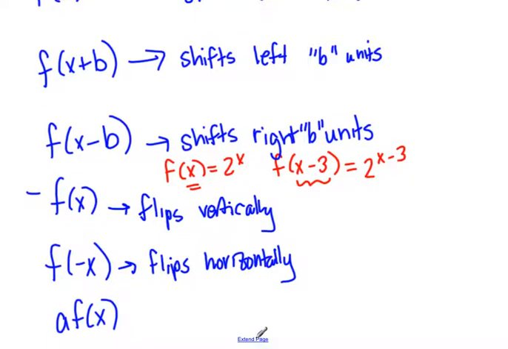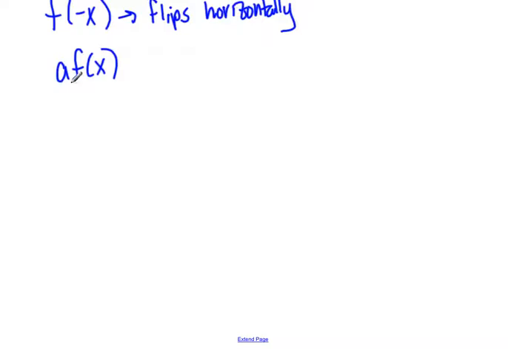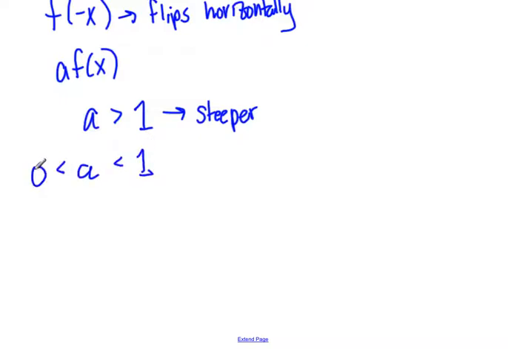Alright, and if I put a number in front of it, a, if a is larger than 1, the graph gets steeper. If a is less than 1, but greater than 0, it gets wider.